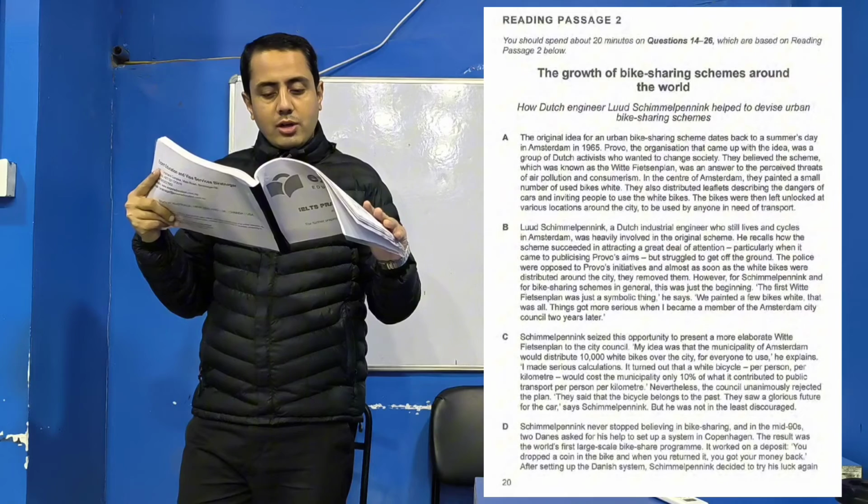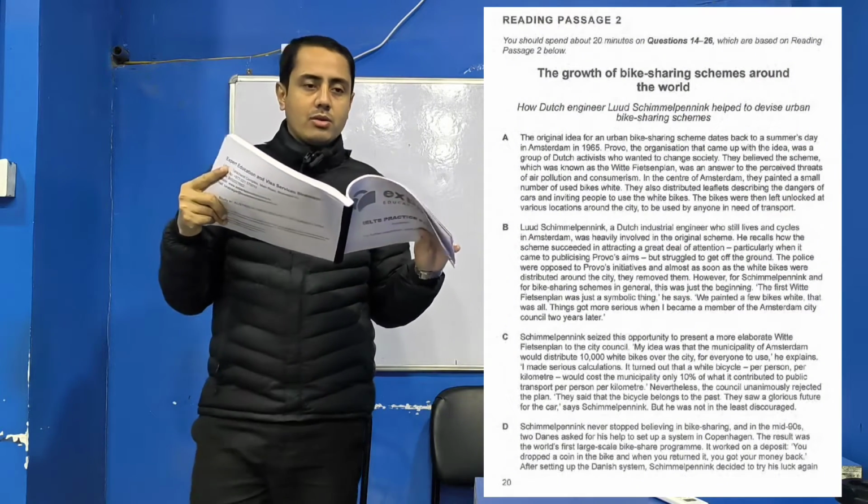The title is The Growth of Bike Sharing Schemes Around the World. Do you know what that means? The growth of bike sharing schemes? What is it? So yes, bike means bicycles.